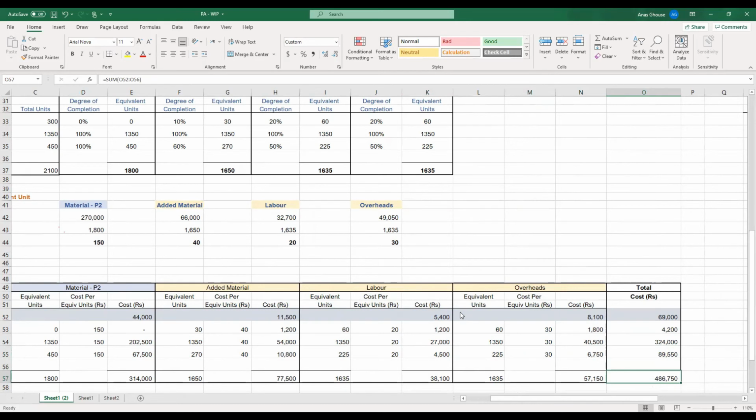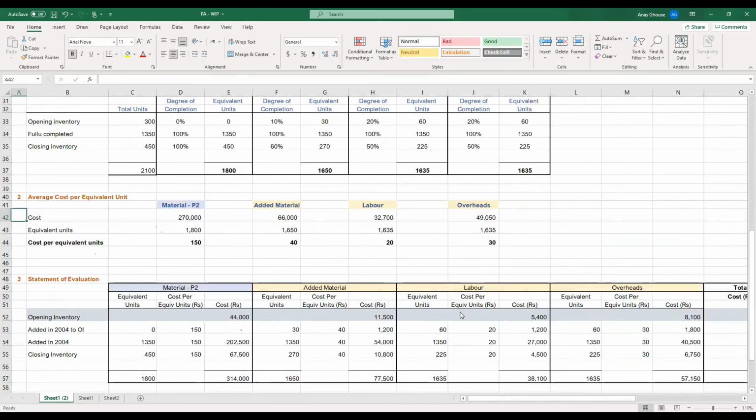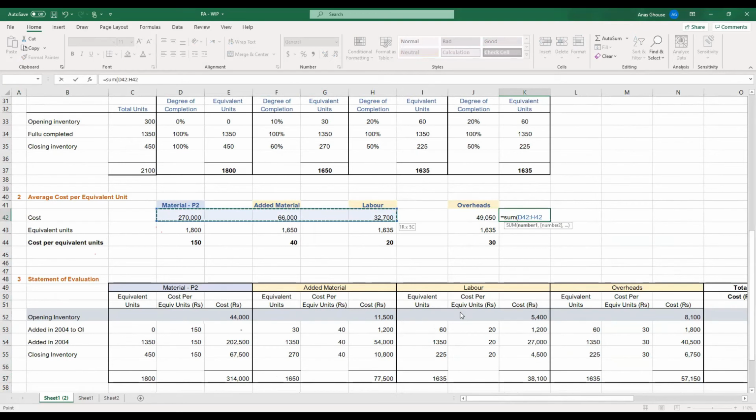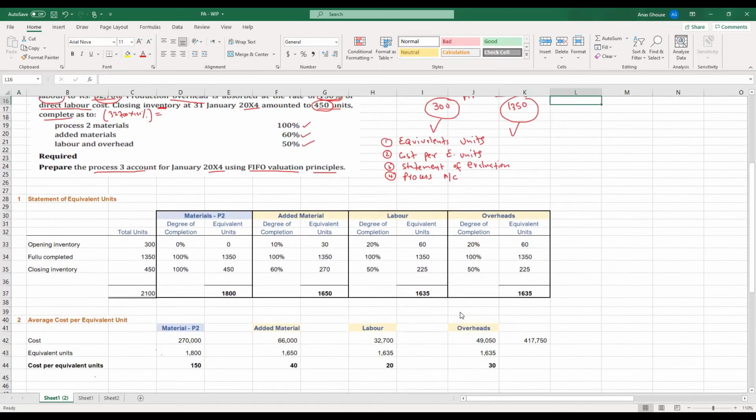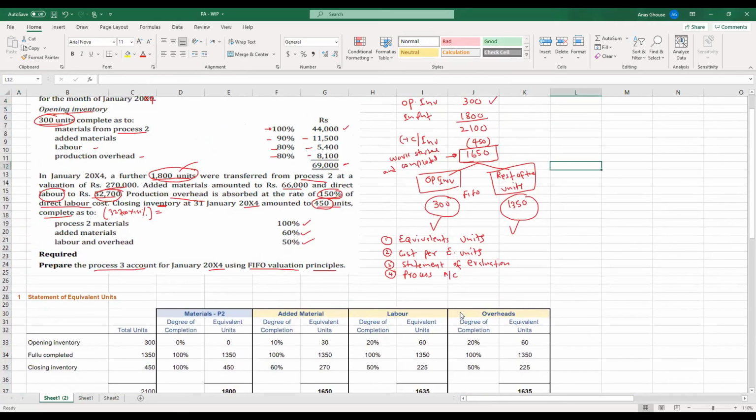Okay, the total is 486,750. So this we can double check with the cost incurred in process 2. The total will be, if you take the total of these, 270, 66,000, 32,700, 49,050, 417,750, plus the opening cost, which was already given for the opening inventory, which is 69,000.